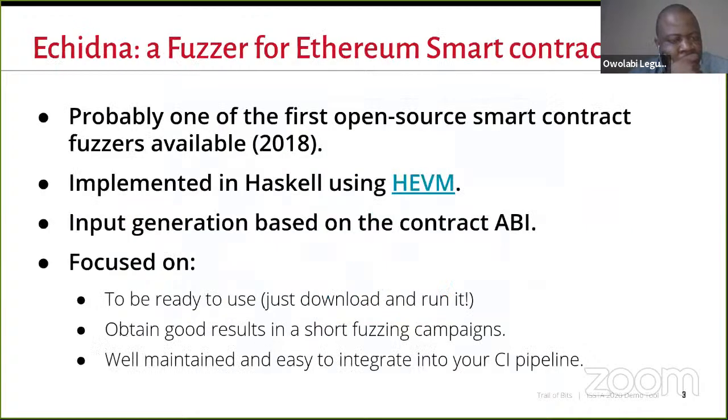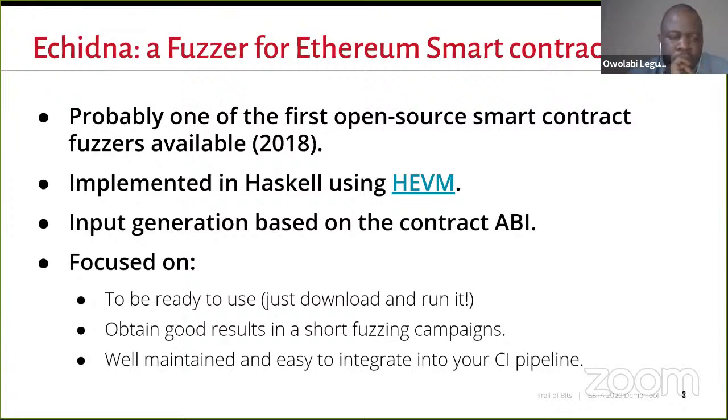That's why we published two years ago one of the first open source smart contract fuzzers that you can download and use. It was implemented in Haskell using hevm, which is an implementation of the EVM. Echidna will generate input transactions for your smart contract to test.